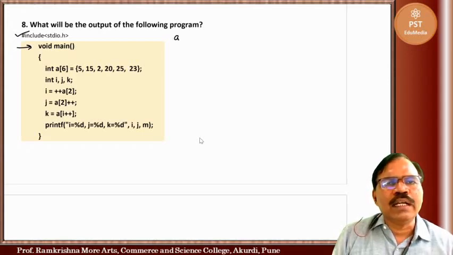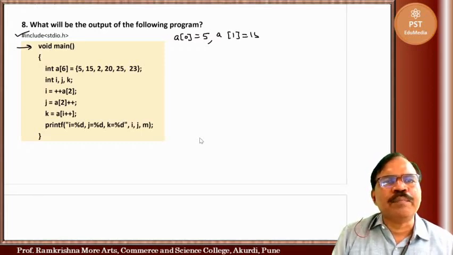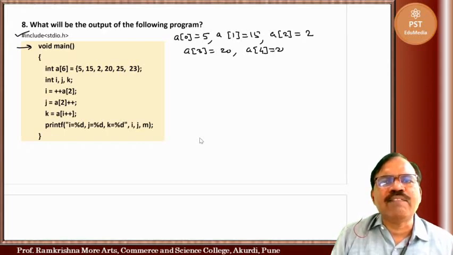So here a[0] is equal to 5, a[1] is equal to 15, a[2] is equal to 2, a[3] is equal to 20, a[4] is equal to 25, and a[5] is equal to 23.